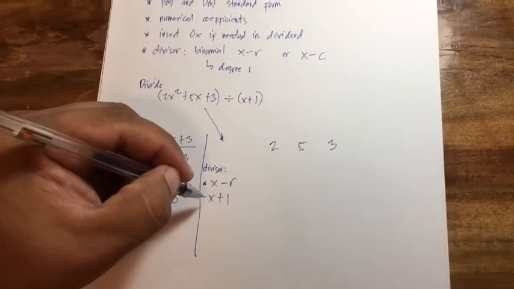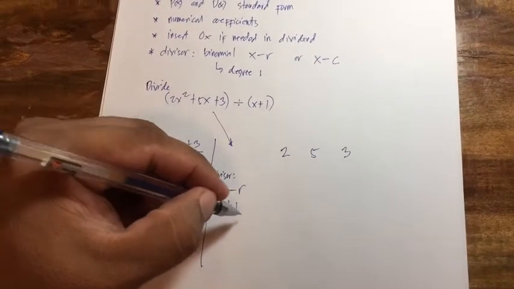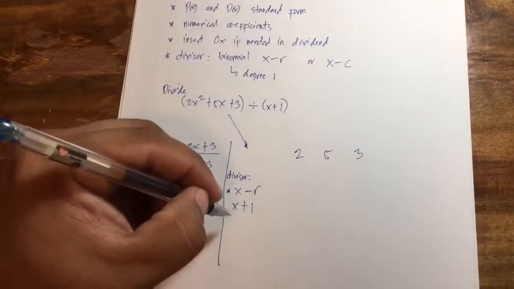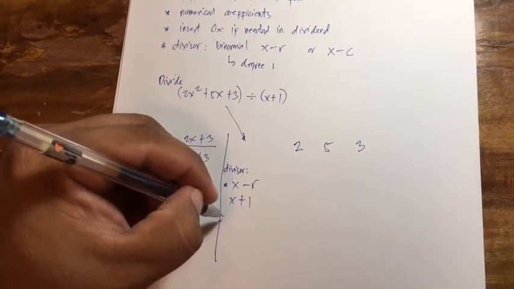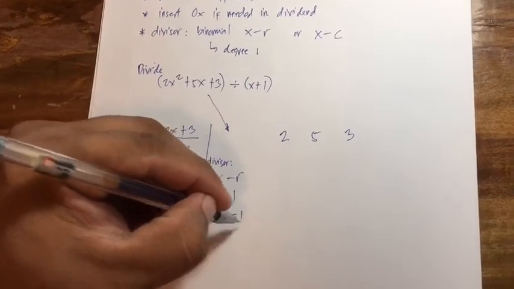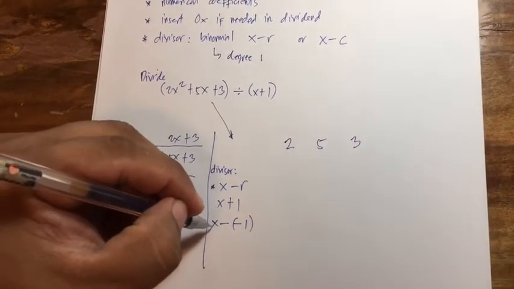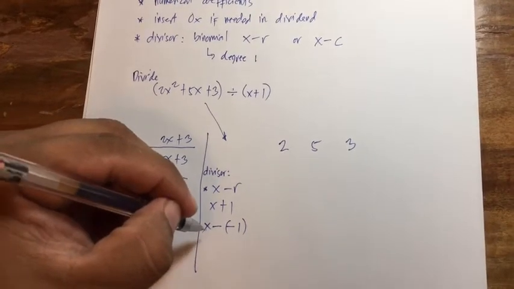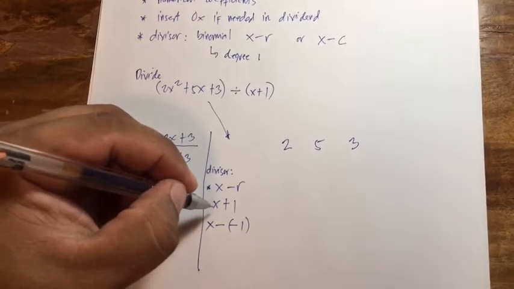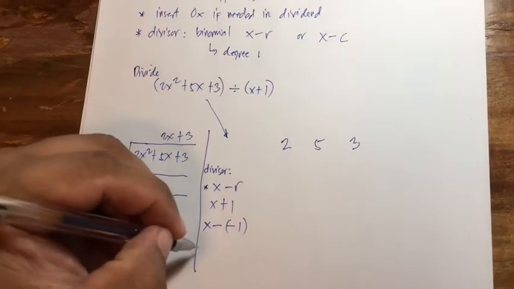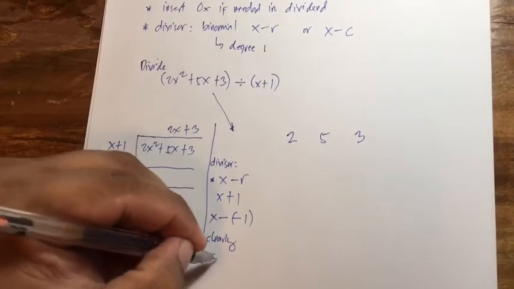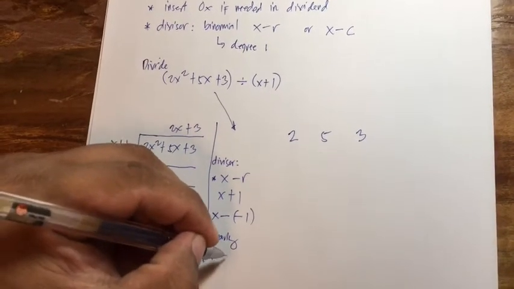So we will make x plus 1 of the form x minus r. In this case, we can represent it by x minus negative 1, which is equal to x plus 1. So clearly, our r is equal to negative 1.